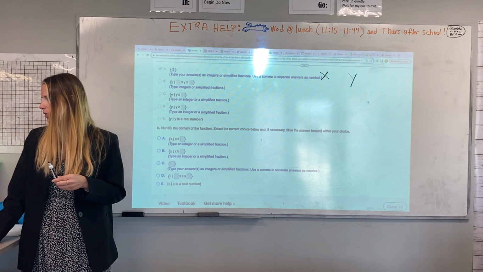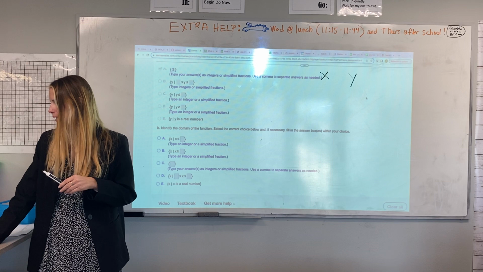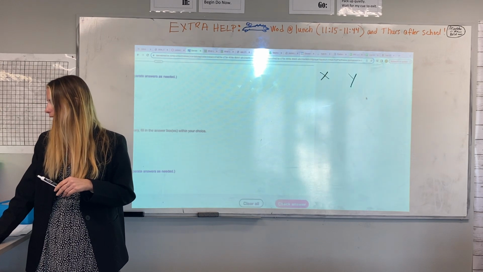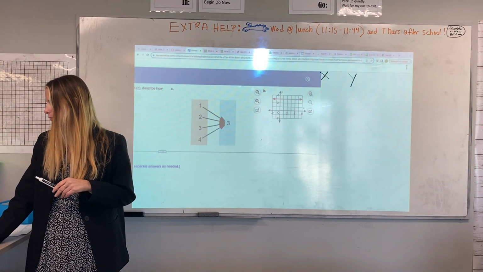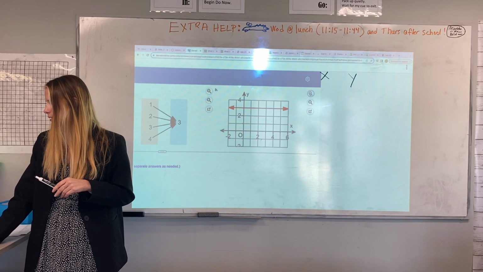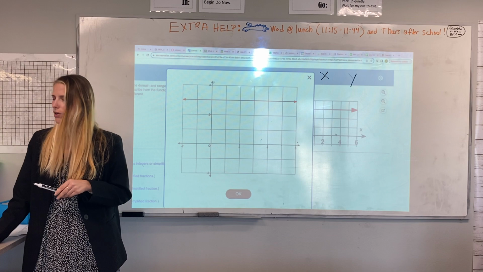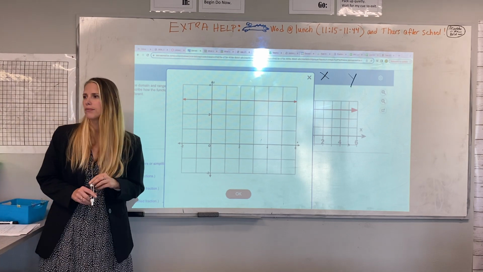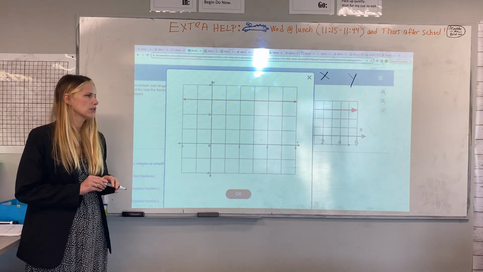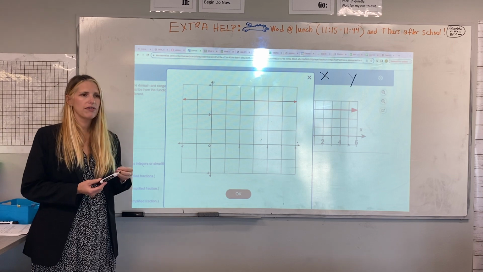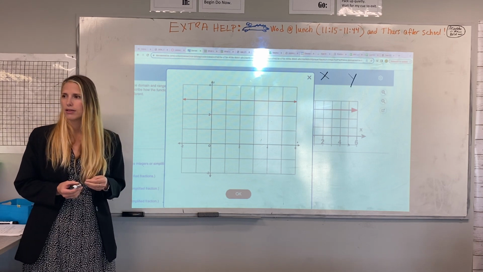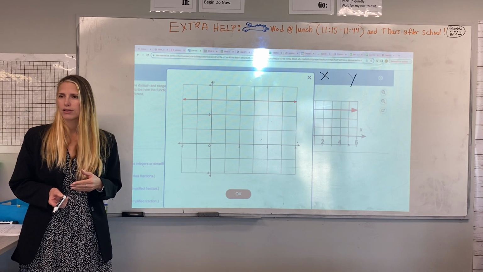Okay, so now we're on to the B graph, and it says identify the domain. So let's go up here and make this big. Okay, let me pop it out. Let's identify the domain. What's the domain? Our x values. So that means all of the values that can be included as our x values.